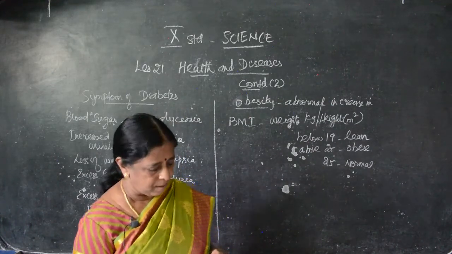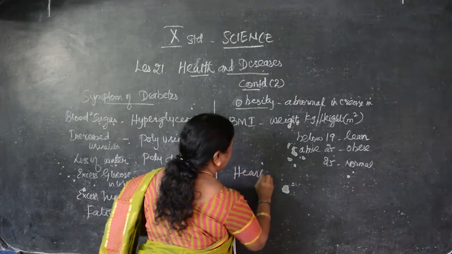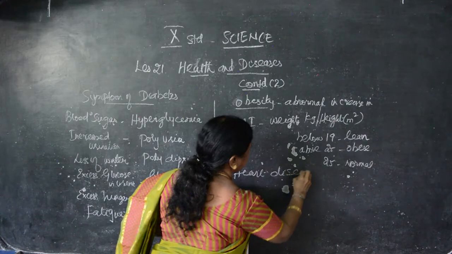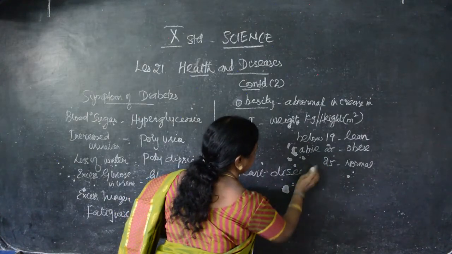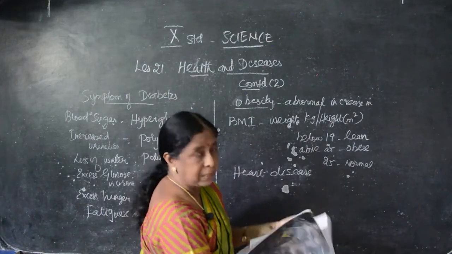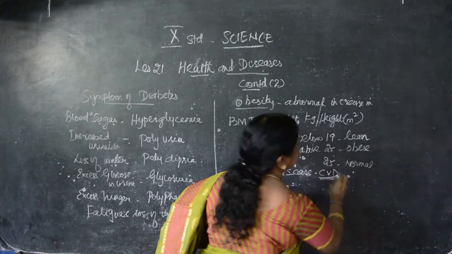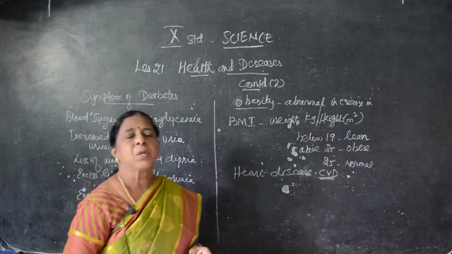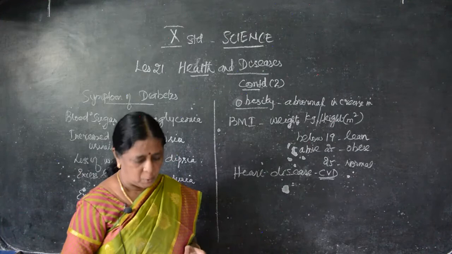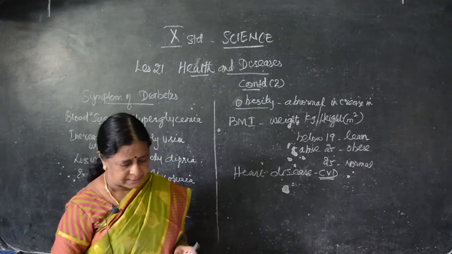We have to say next, heart diseases. Heart diseases is otherwise known as cardiovascular diseases, CVD. Because heart is made up of a special kind of muscle, cardiac muscle, it is otherwise known as coronary heart diseases.